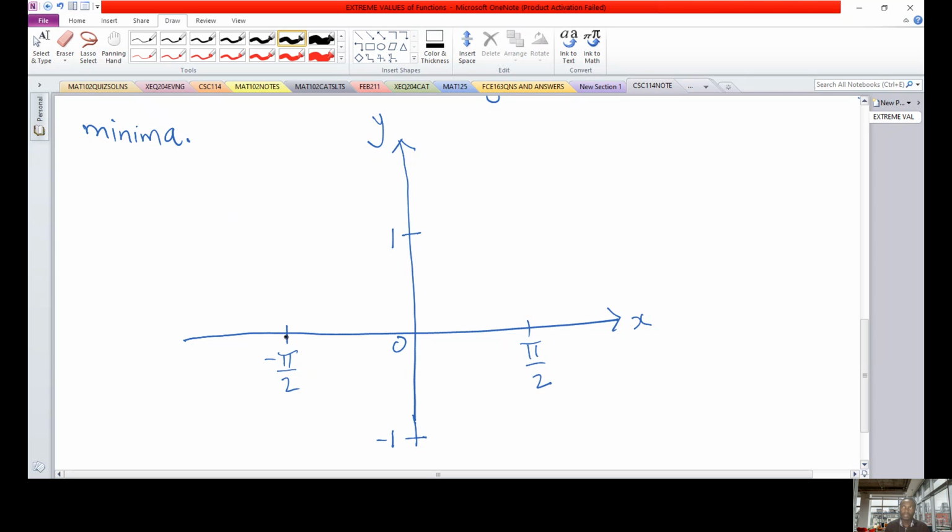This is how the cosine function looks like, and this is how a sine function looks like.